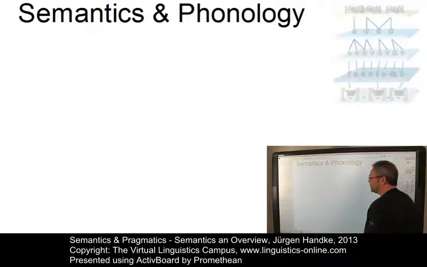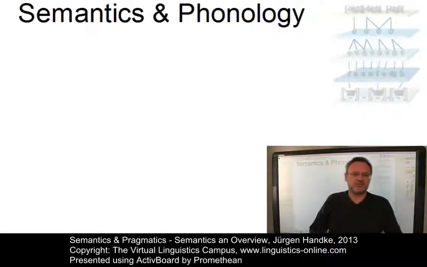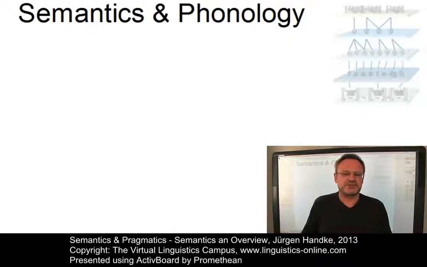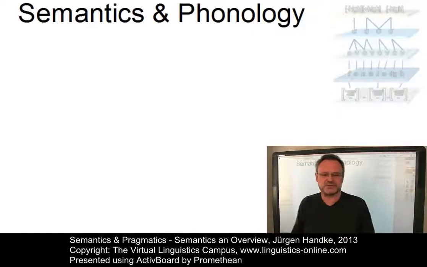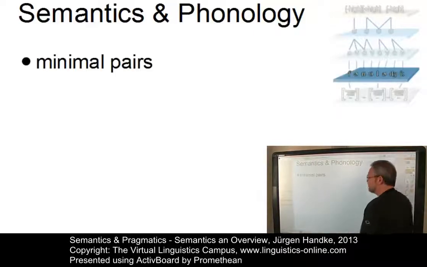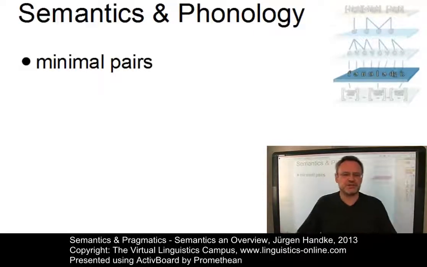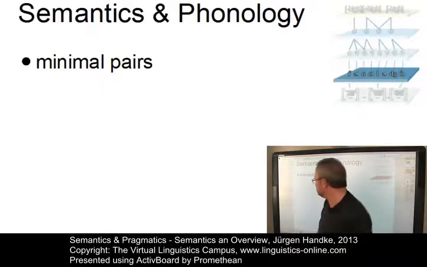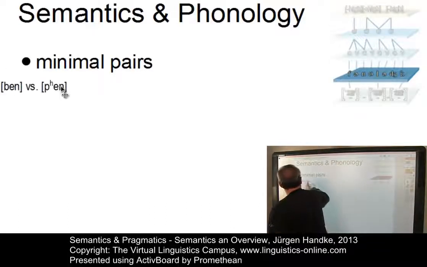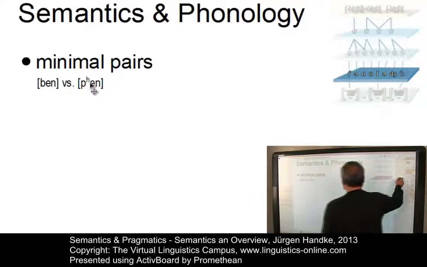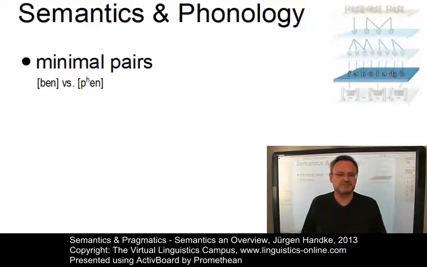Let's start with phonology. In phonology, the study of the sound systems of particular languages, semantics is related to meaning studies in several ways. Phonemes can distinguish meanings by means of establishing so-called minimal pairs, such as ben and pen.